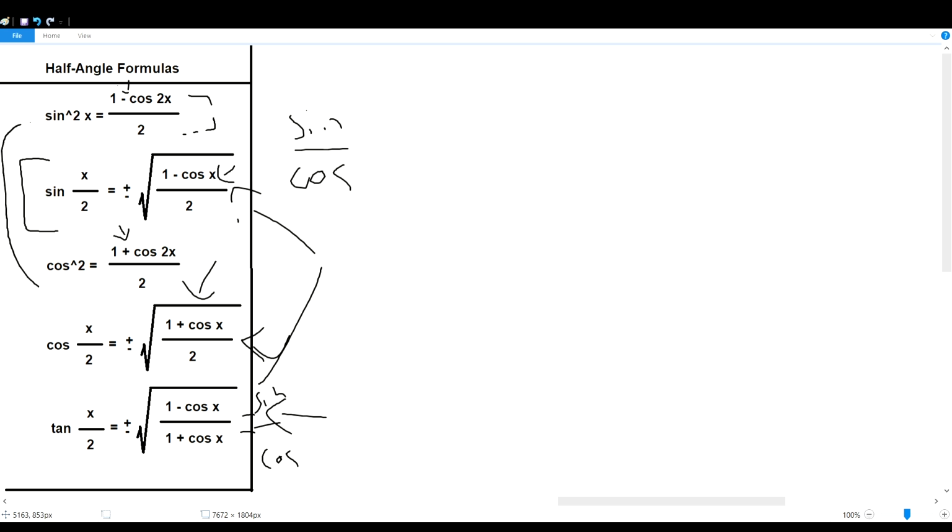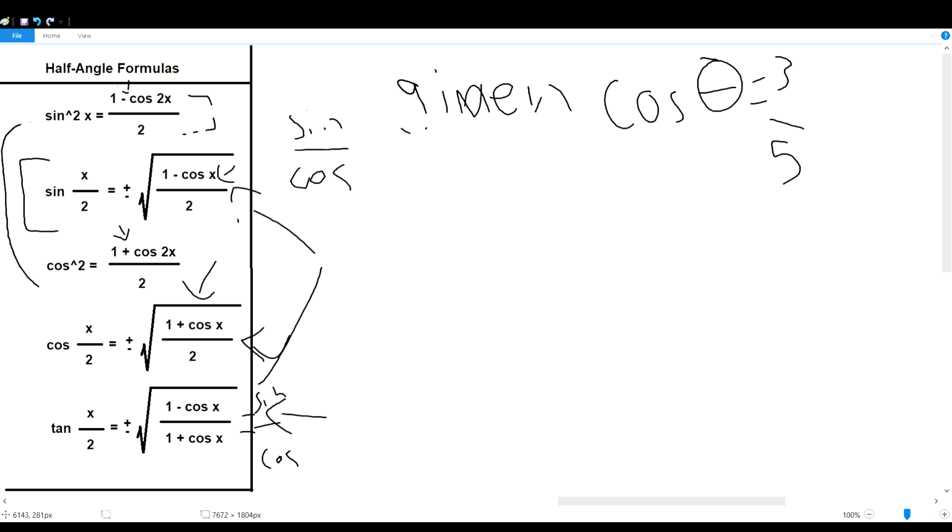So let's do an example. So given the same angle we've got before, given cosine theta equals 3 over 5, we are going to instead find the cosine of 1/2 theta.